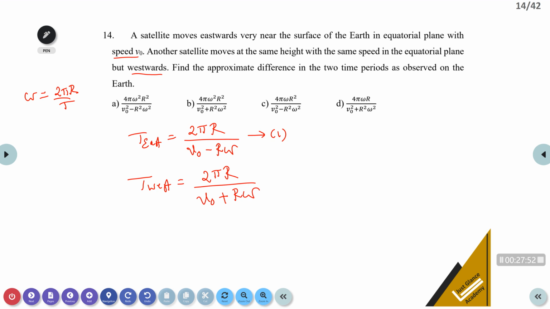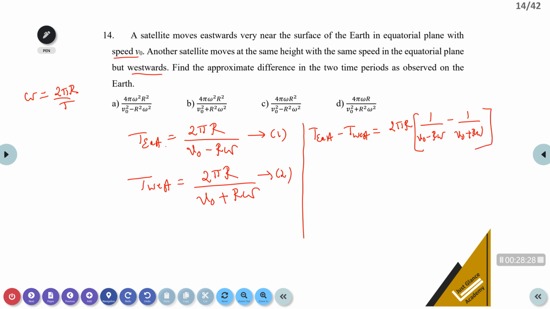Because the earth rotates from west to east. Okay, this is equation number 2. The question asks for the difference, which is less and which is more. This one is more, so T of east minus T of west equals 2 pi r, which is a common factor, times 1 divided by V naught minus r omega, minus 1 divided by V naught plus r omega.